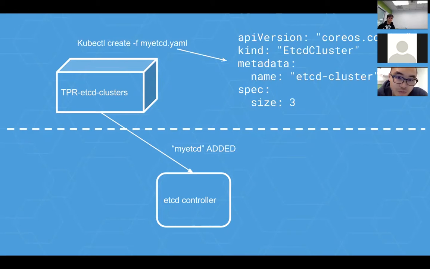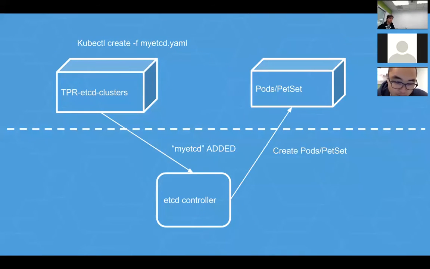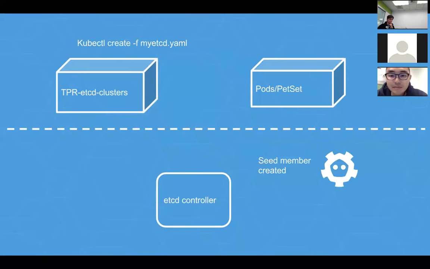Our controller is going to watch the event, and then use the Kubernetes API to create resources and create processes as pods in the Kubernetes cluster. We can use either vanilla pods or the API to manage those processes in Kubernetes. Initially, a seed member is created.